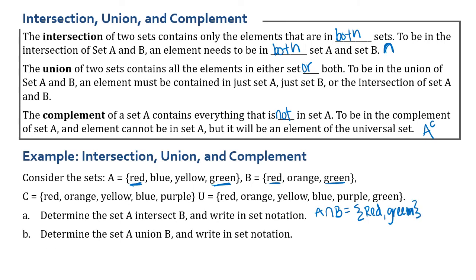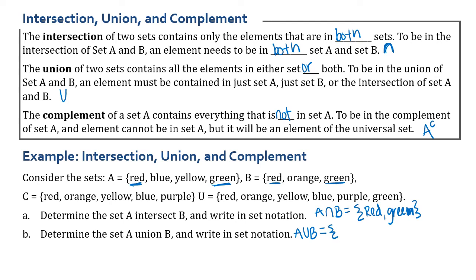Determine the set A union B and write it in set notation. For union, we use a U symbol. The union of A and B is the elements that are in either set or both. So they have to be in either set A or set B or in both.